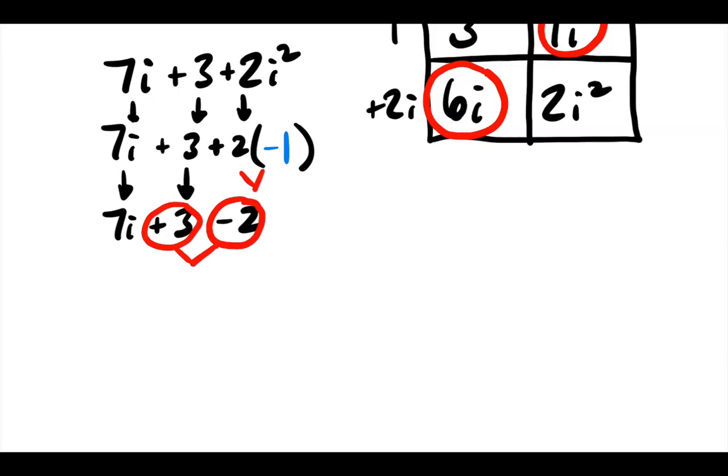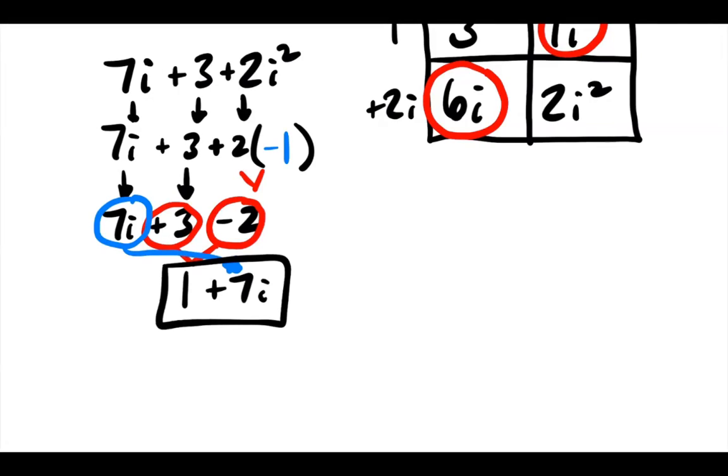Reals come first. So 3 minus 2 is +1. Imaginary comes next. That's +7i. There you go.